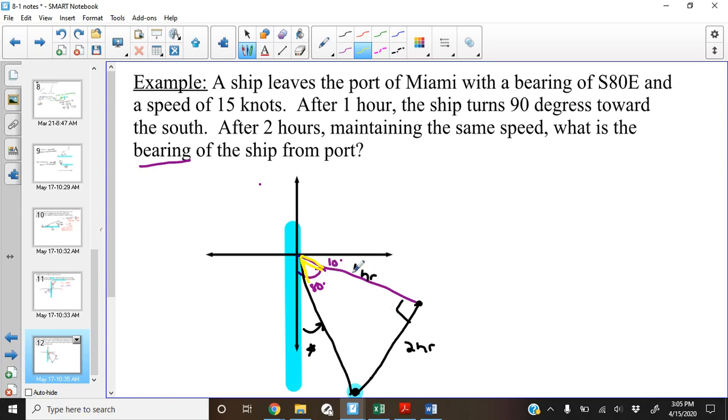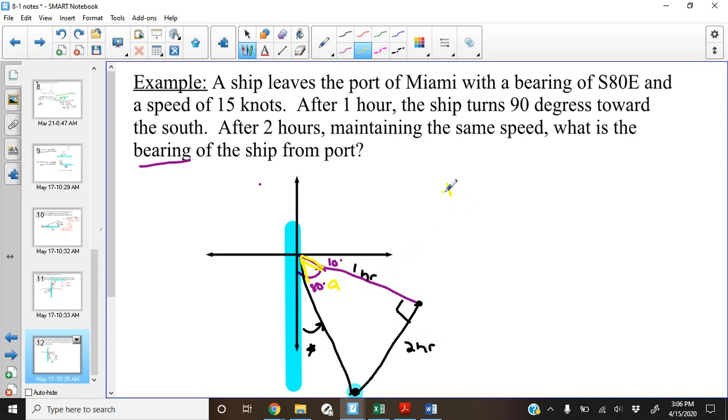We know that we traveled 1 hour at that speed of 15 knots and 2 hours at that speed of 15 knots, which we could have also written 15 knots here and then 30 knots here, but it's always going to be in a ratio of 1 to 2. So let's find this angle alpha, or A. So we have the opposite and the adjacent side.